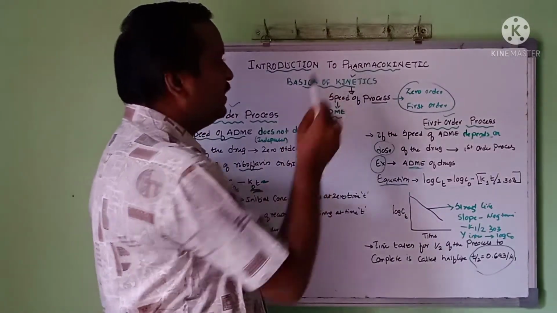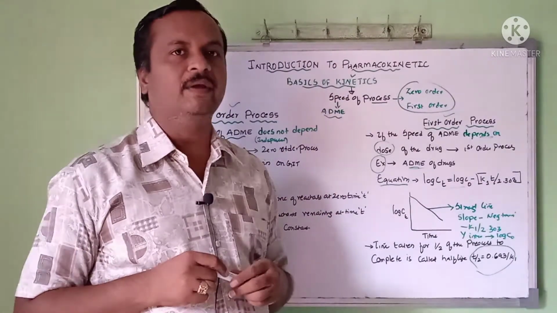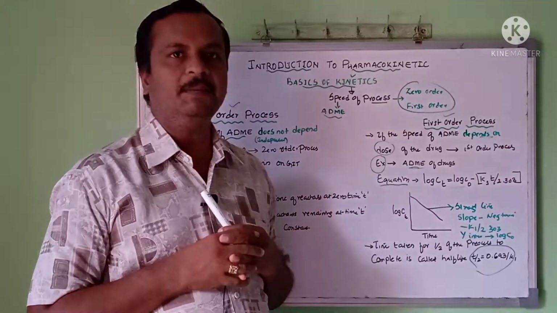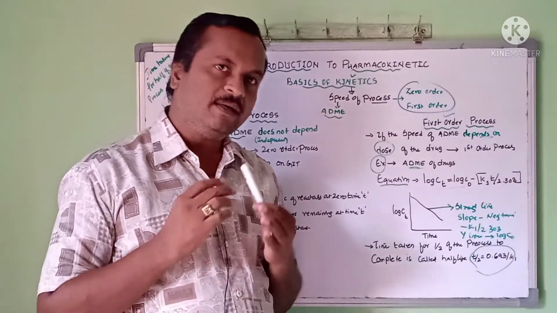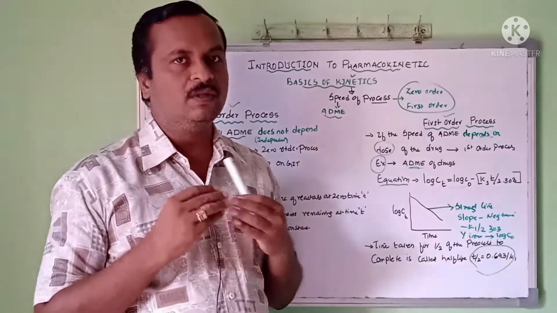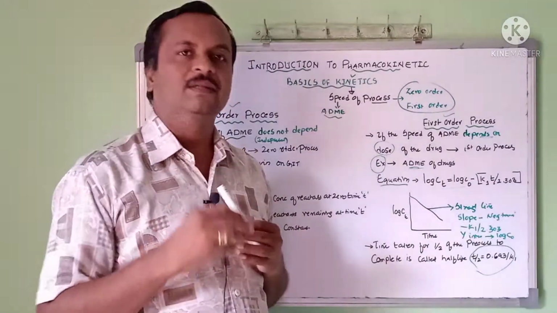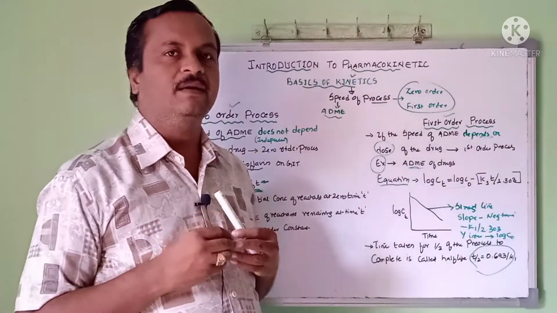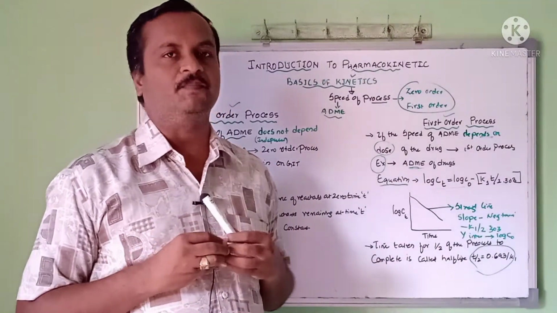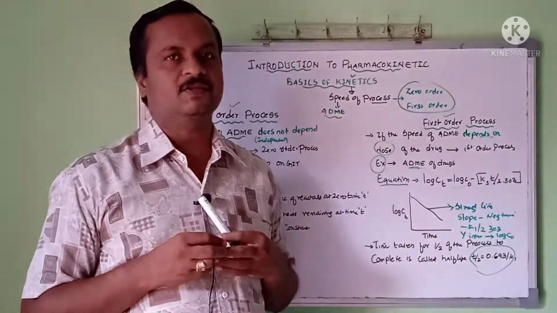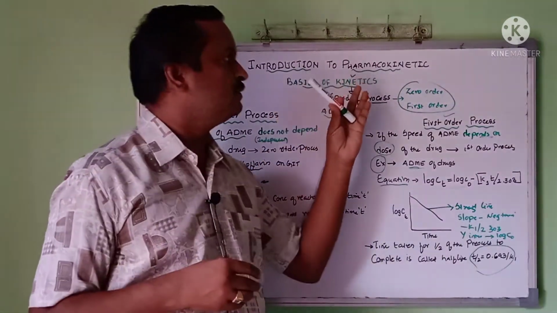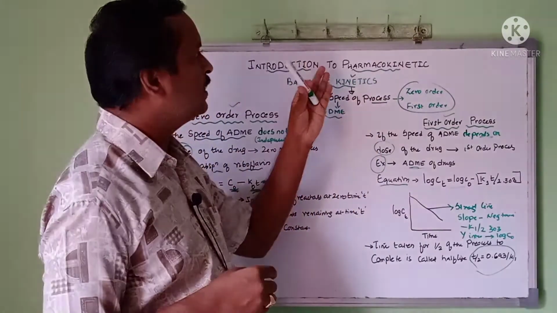These basic kinetics are very important when judging the dose of a particular drug for a patient, or the duration required to give the dose. For example, for paracetamol, how many times it has to be taken and what quantity has to be taken, this information comes from the basics of kinetics.